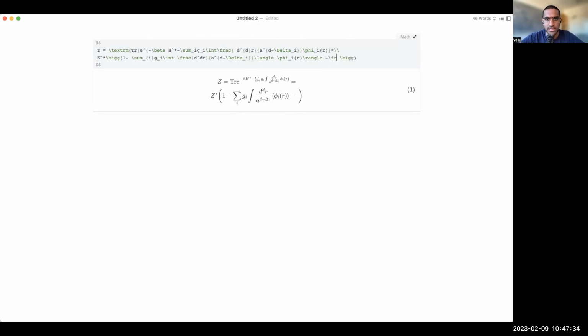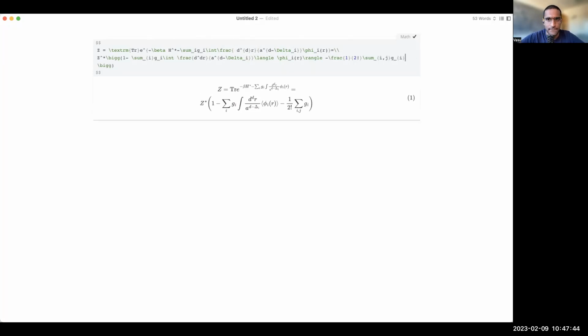So we have a term that looks like this, and then we have the second term in the expansion, and we have a double sum. This is basically saying that there's a moment expansion for this object.